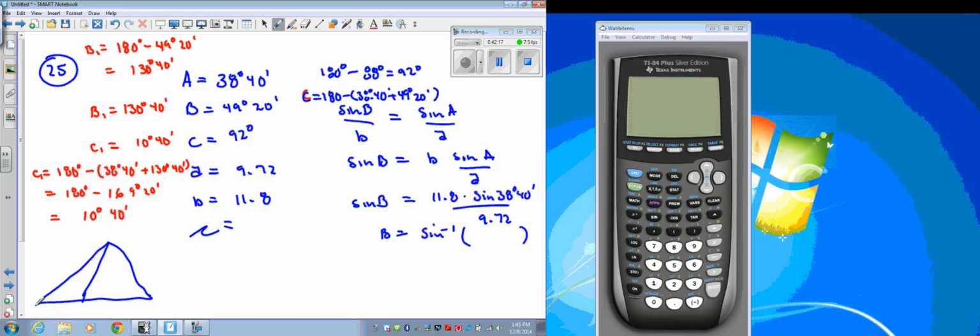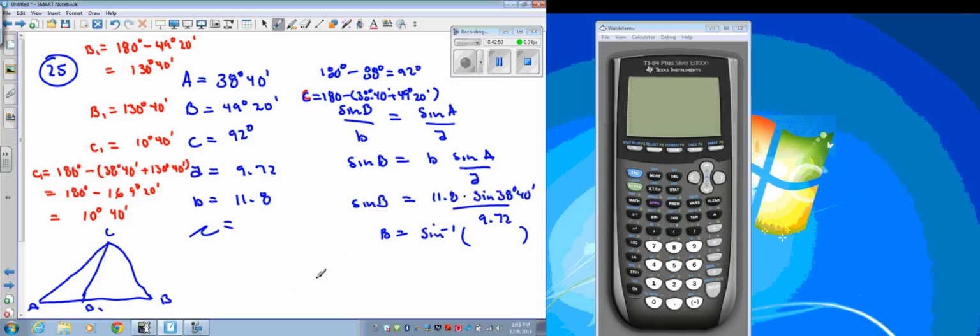This is the common angle A. And this is going to be the B and B1. This will be C. So we're going to have a C with a long one and a C with a short one. Right?